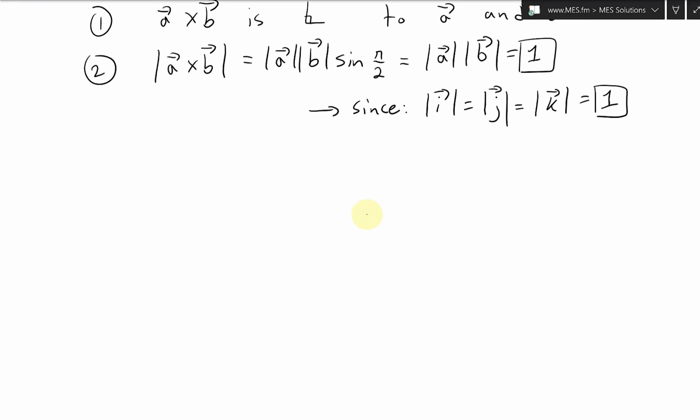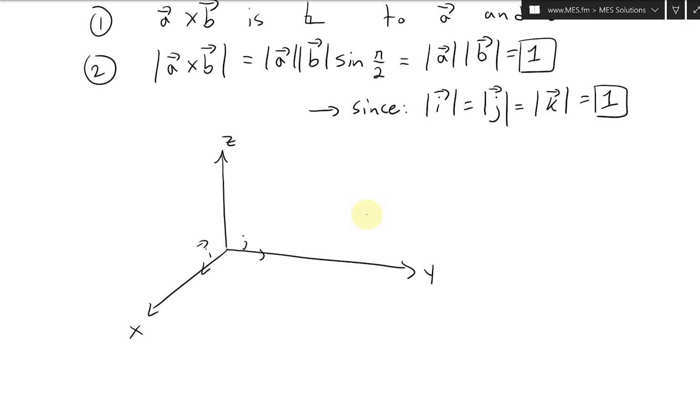And now let's draw our standard basis vectors. I'll write it a bit smaller. This is our y axis, this is our z, this is our x. This is i, the unit length of i there. And the unit one of j is right here.